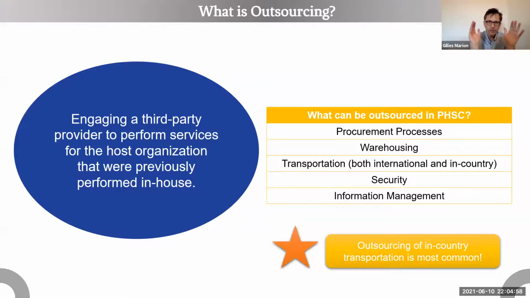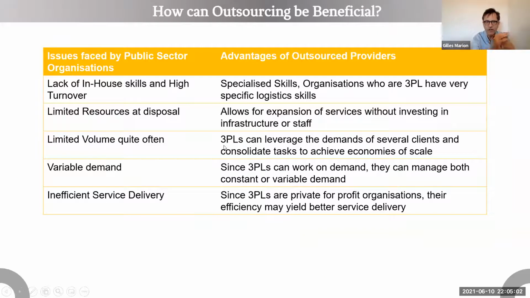To make those choices, of course, you need to look at a list of criteria. If we look at the elements that you want to consider to know if you need to outsource or not, some of the things in public health are the skills and competencies and the staff turnover.